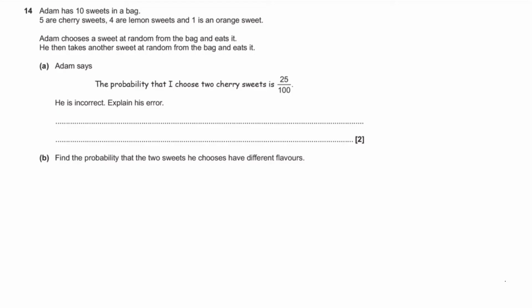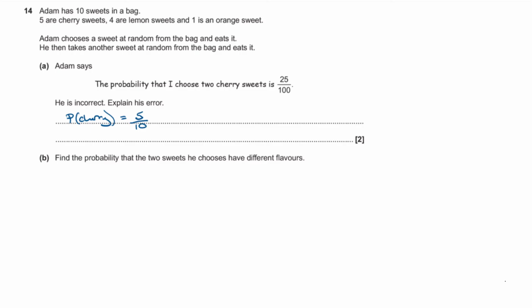Okay, well, the probability of selecting a cherry sweet on the first pick. How many cherry sweets are there? There are 5. And how many sweets are there altogether? There are 10. Okay.